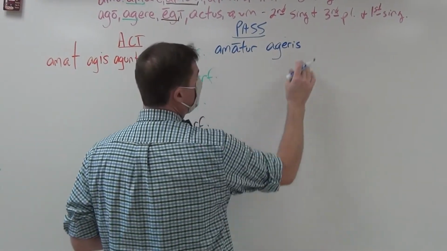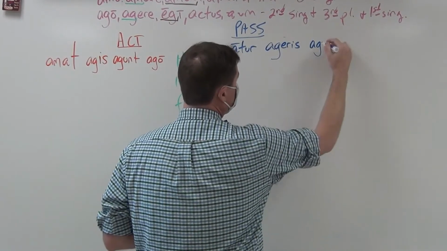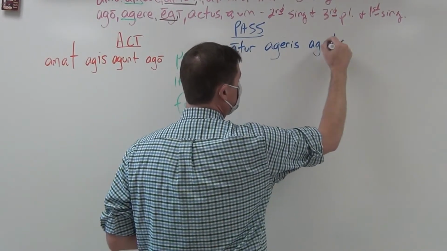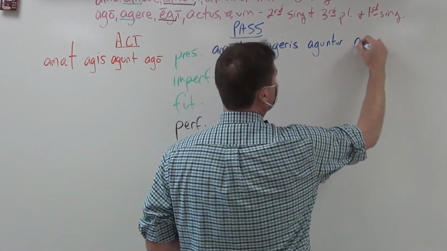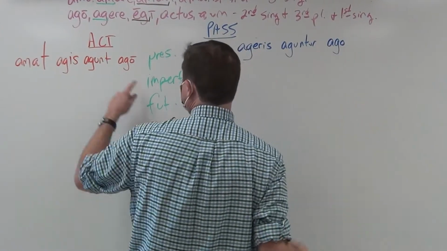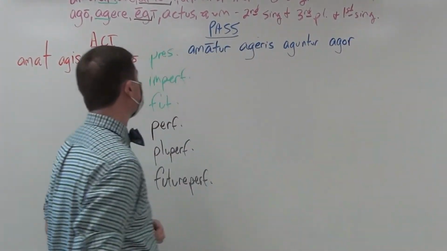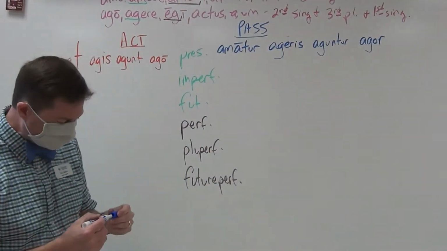Likewise, I then go to the third plural, ag-, and of course, I-ntur, but we all know the I-ntur is going to change the I to a U, aguntur, and then for the first person singular, all I got to do is give that first principal part again, and just add an R to it. Agor. Ago, I drive. Agor, I am driven.